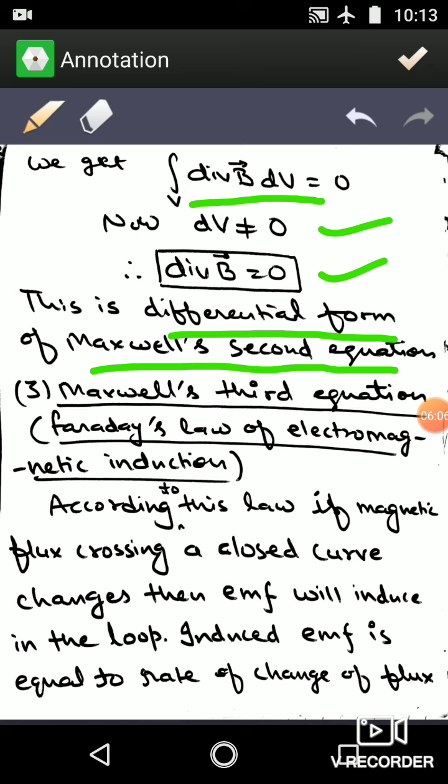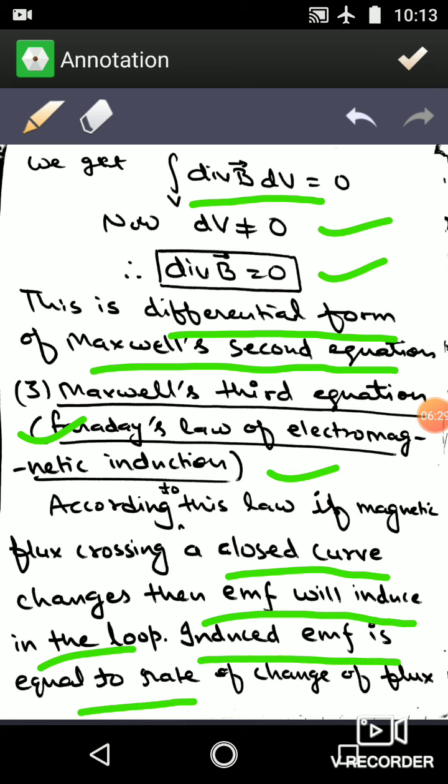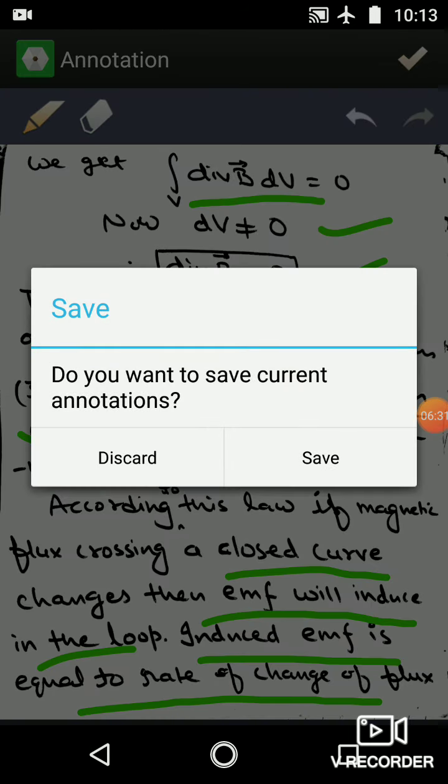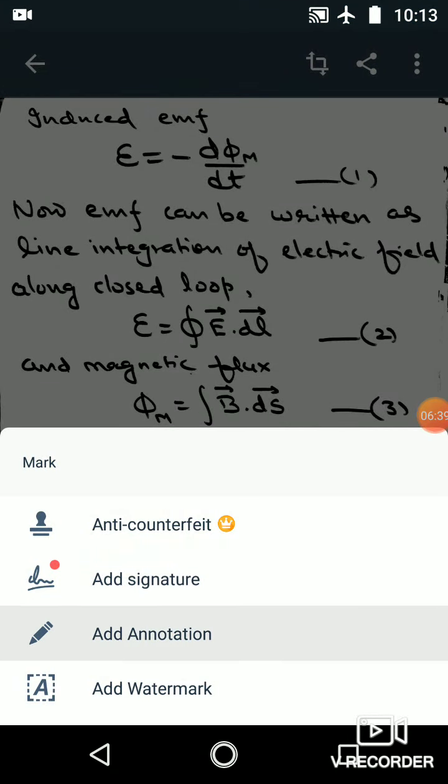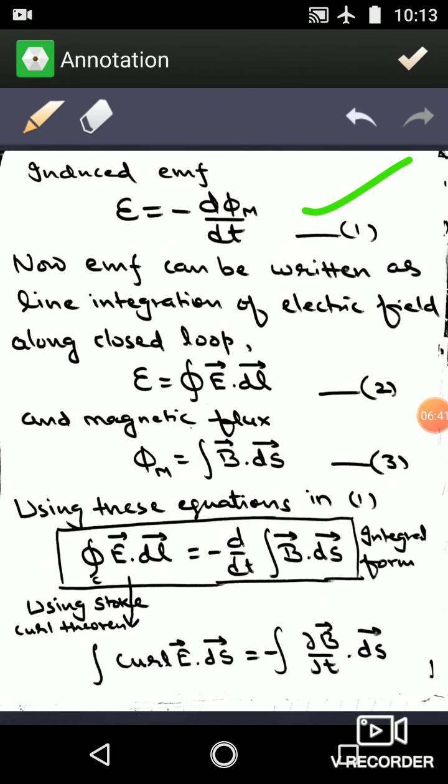The third topic is Maxwell's third equation. Maxwell's third equation is basically Faraday's law of electromagnetic induction. We all know that if magnetic flux crossing a closed curve, a closed loop, changes, then EMF will be induced in the loop, and the induced EMF is equal to the rate of change of flux.